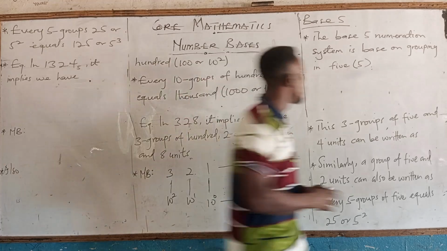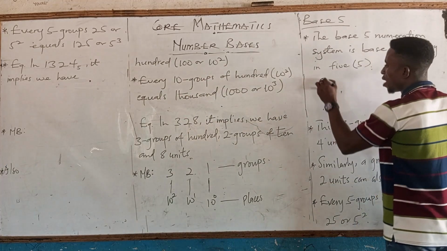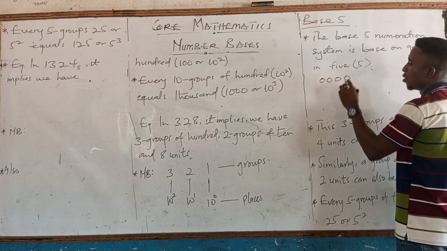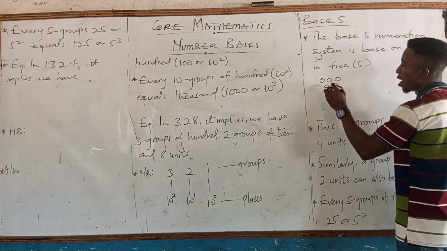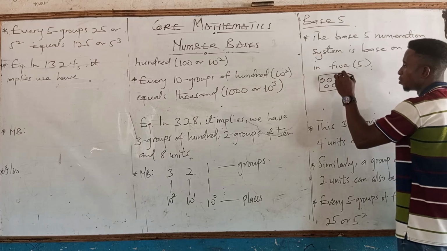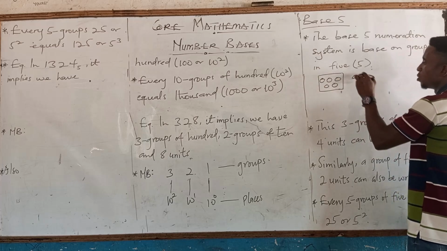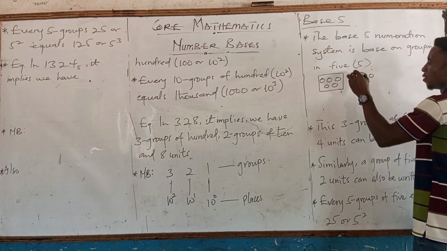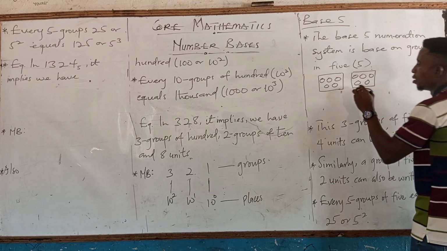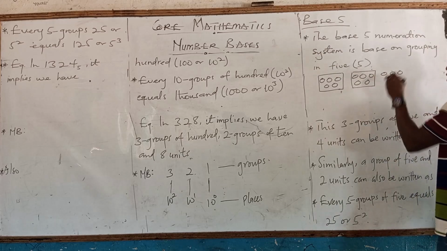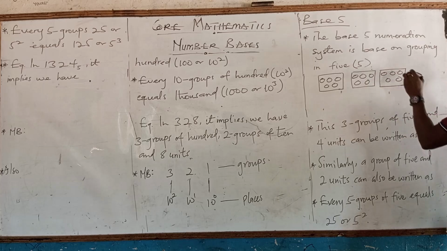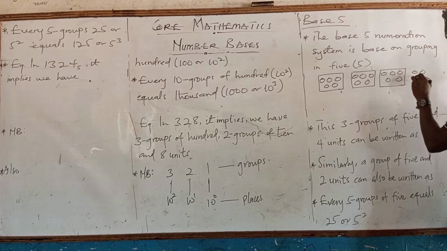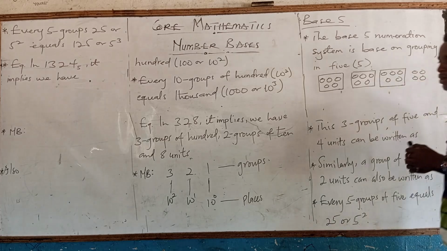So let's take an example. I have a group of 1, 2, 3, 4, 5. I have another group, 1, 2, 3, 4, 5. I have another group. And let's say I have 1, 2, 3, and 4.